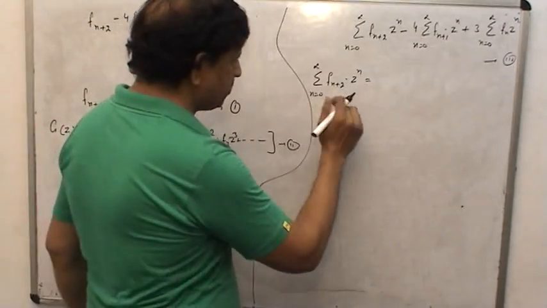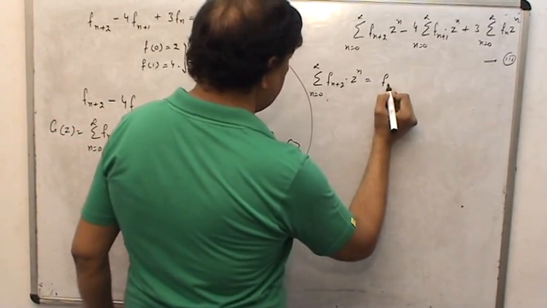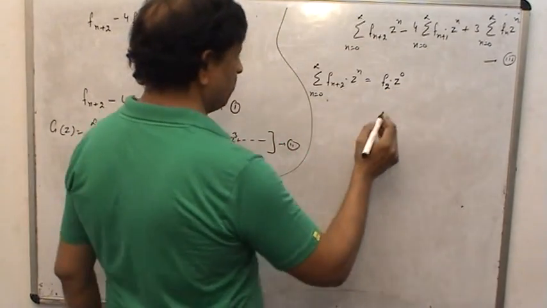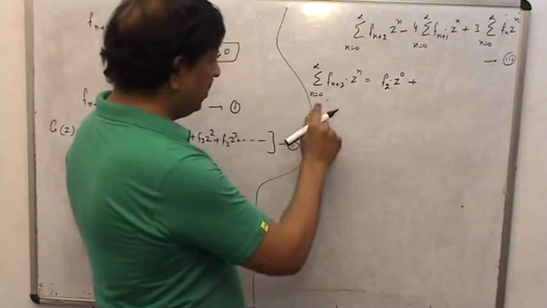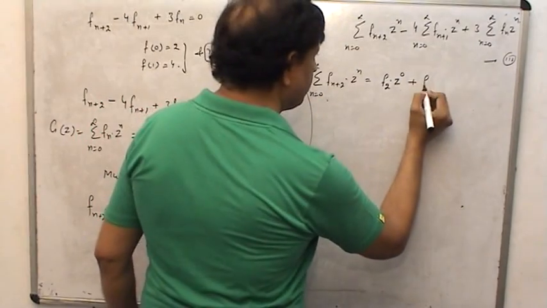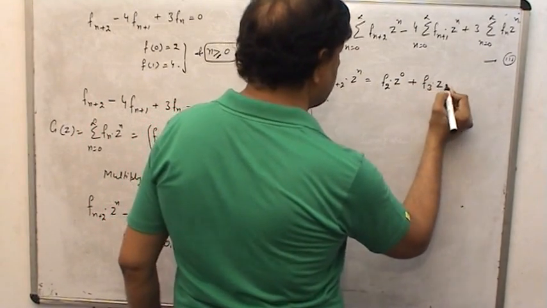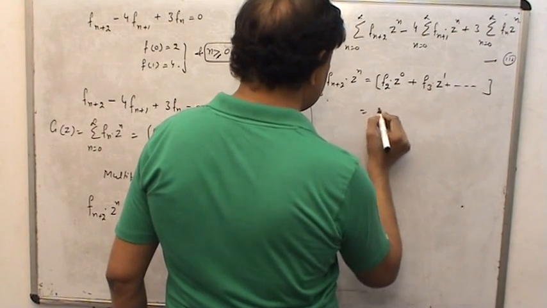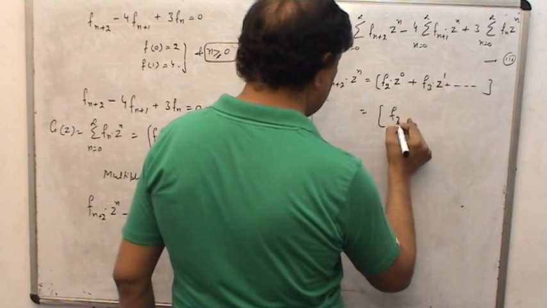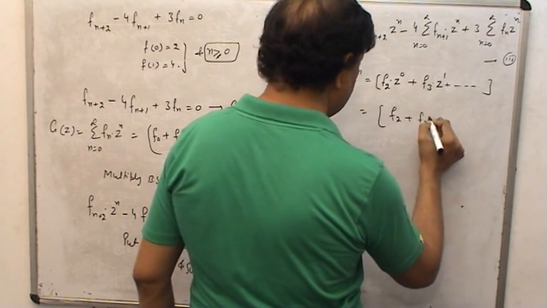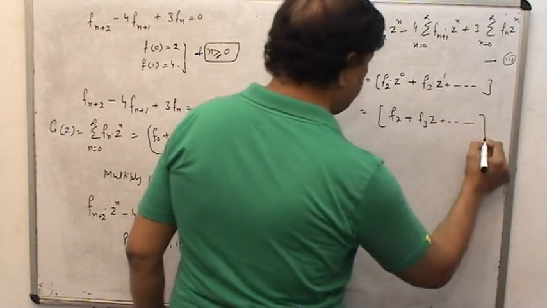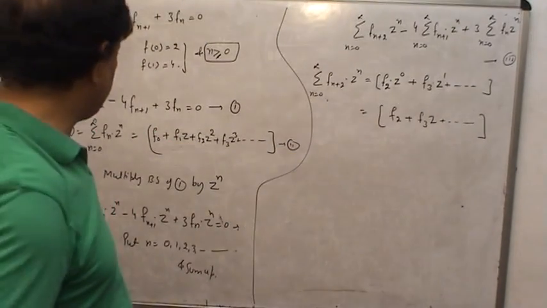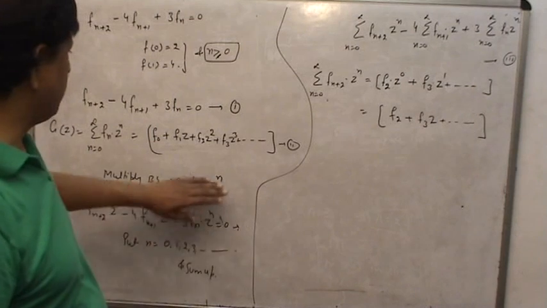Here we put n is equal to 0. We get f2 into z raised to the power 0, plus if we put n is equal to 1 we get f3 into z raised to the power 1, plus so on. That is equal to f2 plus f3 z. Now again we compare this bracket with our generating function.